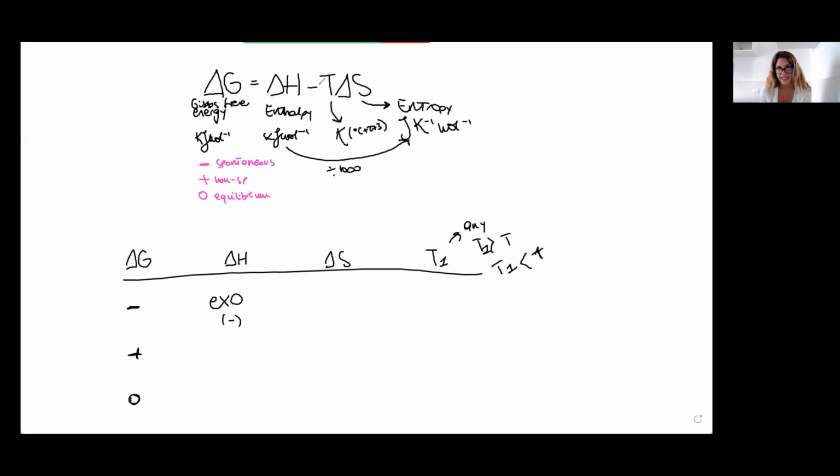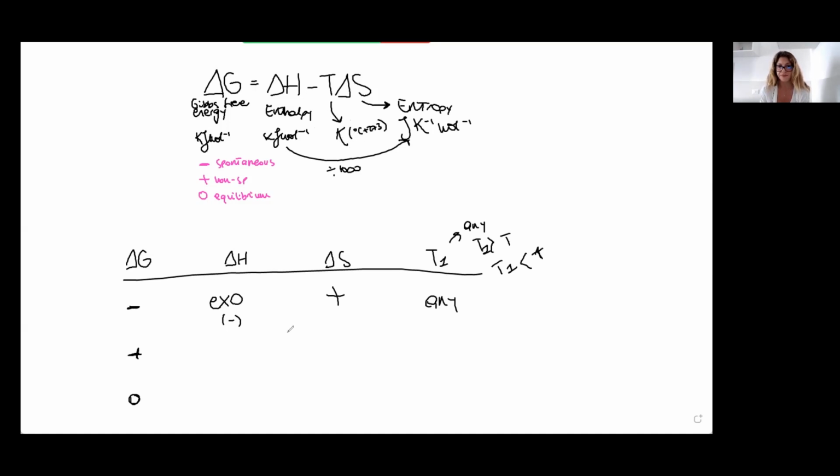Because we have a minus in front, we want delta S to be positive. Positive entropy means an increase in disorder: either more particles are formed or there is a change in physical state into a more disordered one. With those two combinations, the temperature can be any, and the reaction will always be spontaneous. It's in Kelvin, so we don't really have a negative temperature.